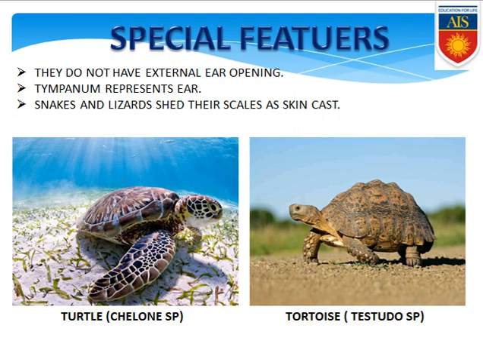Here in this slide you can see 2 kinds of tortoise, one that lives in water and one that is terrestrial. The one that lives in water is commonly known as turtle, and its scientific name is Chelone sp. The terrestrial one is the tortoise, scientific name Testudo sp.